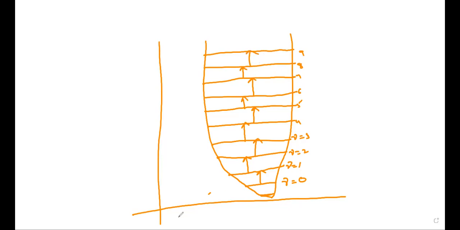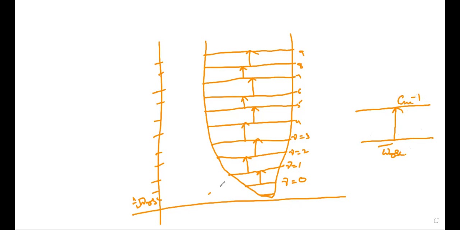So the energy is half omega oscillation bar, half omega oscillation bar. So simply the transition levels, this is centimeter inverse.